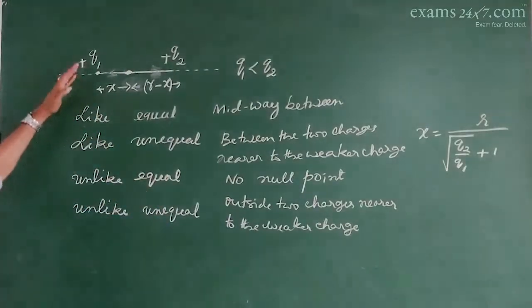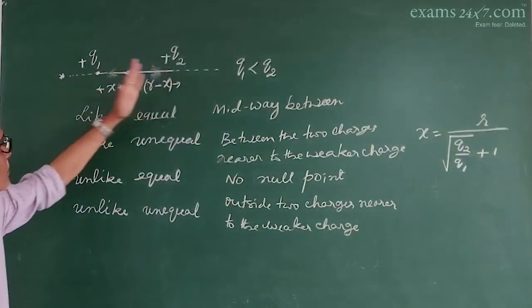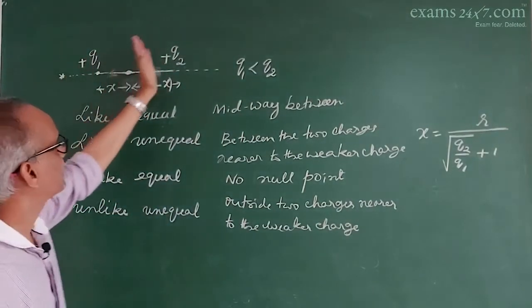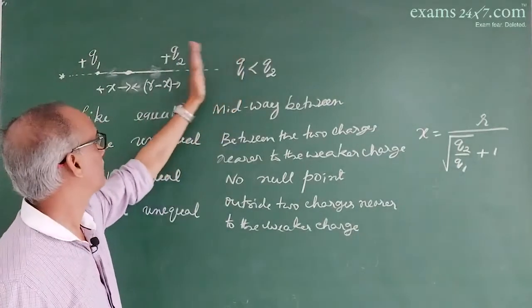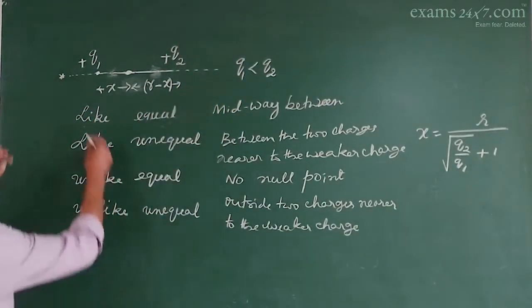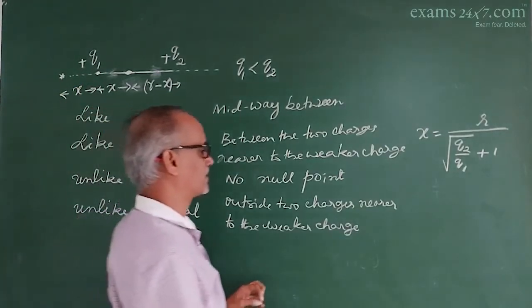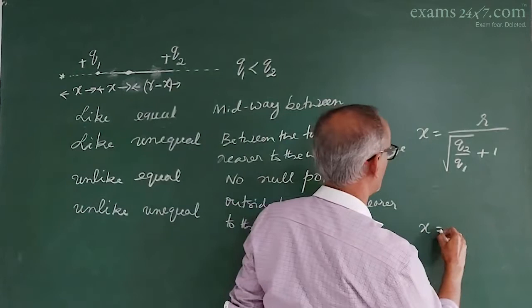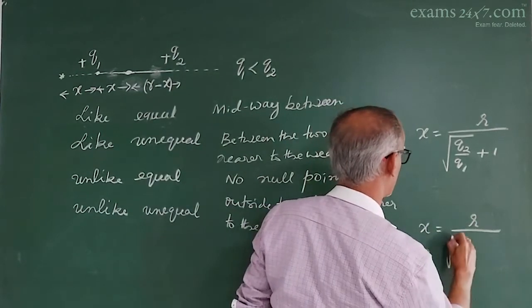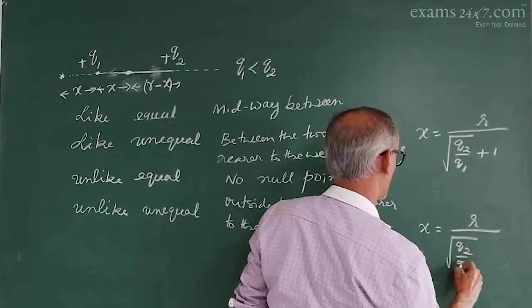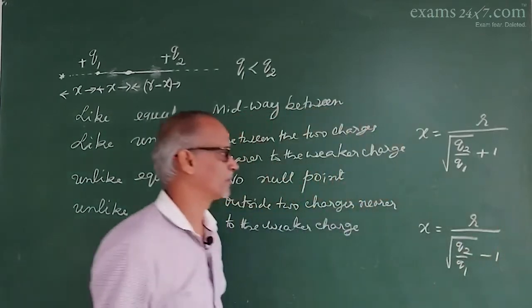So in this diagram, it will be somewhere here because Q1 is lesser than Q2, and if Q2 is lesser than Q1, it will lie on the right hand side of Q2. So we can find that again from Q1, let it be x, and that x can be calculated using a similar format of the equation, which is x is equal to r by square root of Q2 by Q1 minus 1.